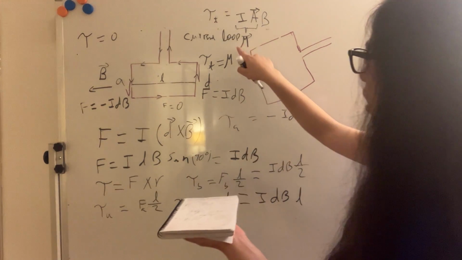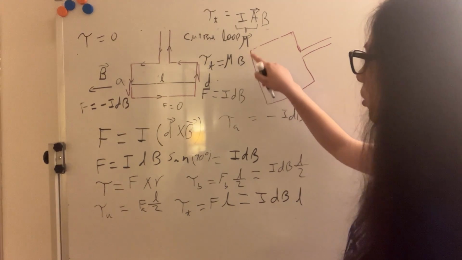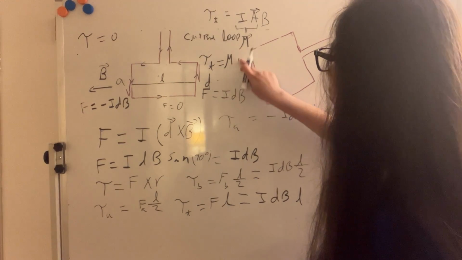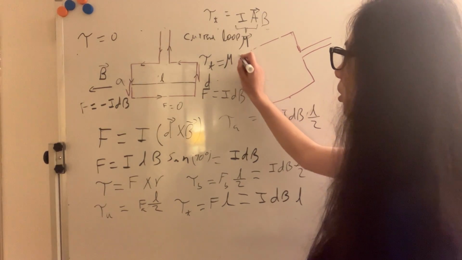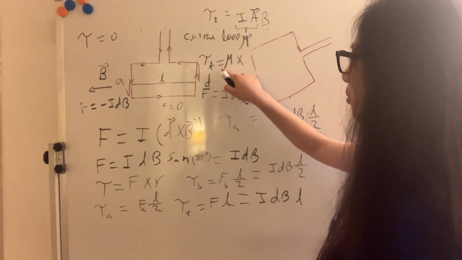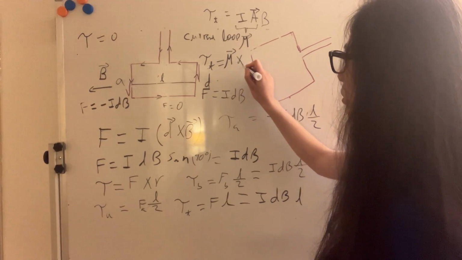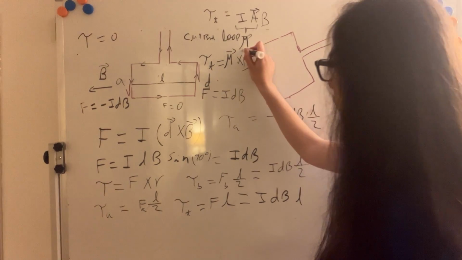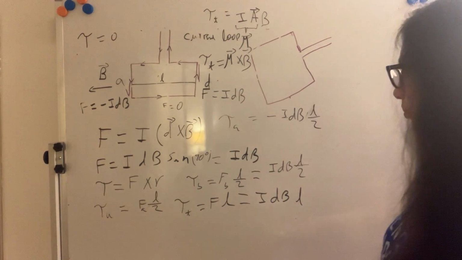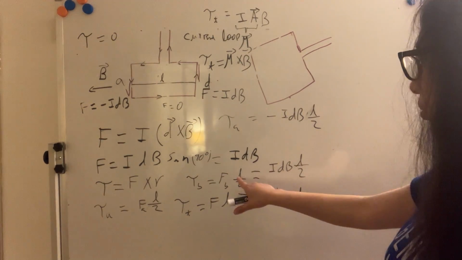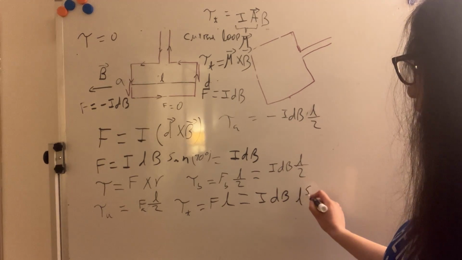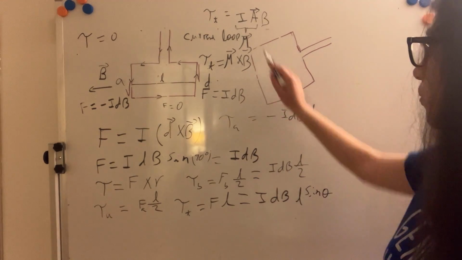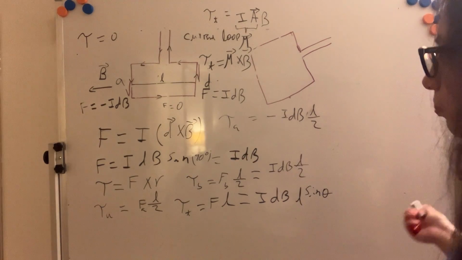So this is our vector magnetic dipole, and so the torque would be the cross product of the magnetic dipole and the magnetic field. If you wish, we could have put here times the sine of the angle, and so here also the sine of the angle.